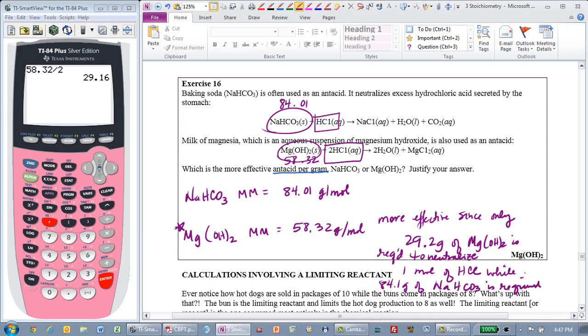Okay, so that's the scoop there. You have to write a sentence. This is very typical on an AP problem.